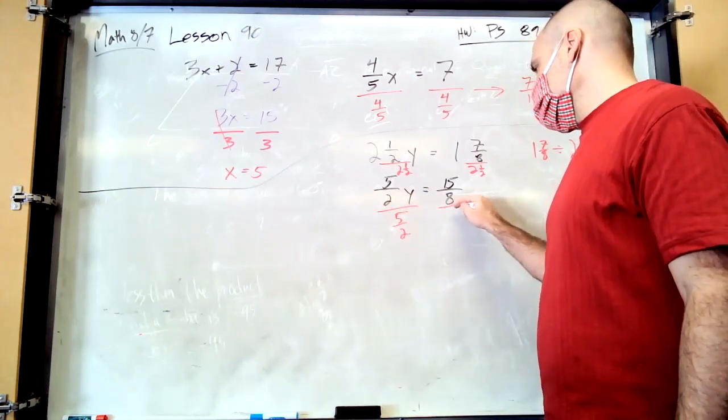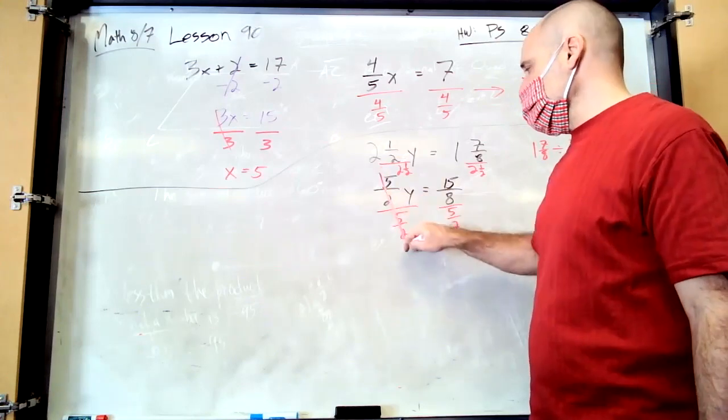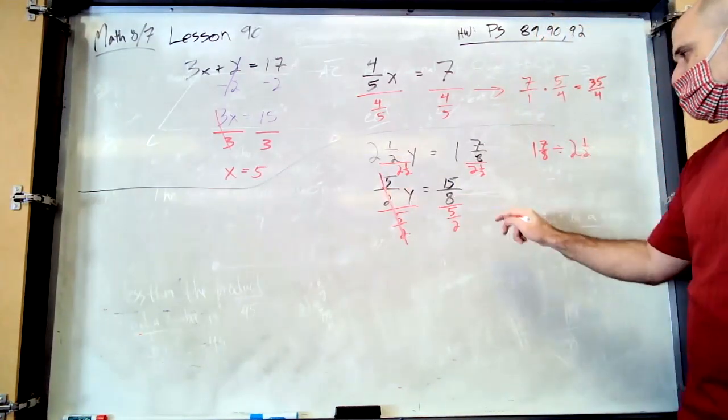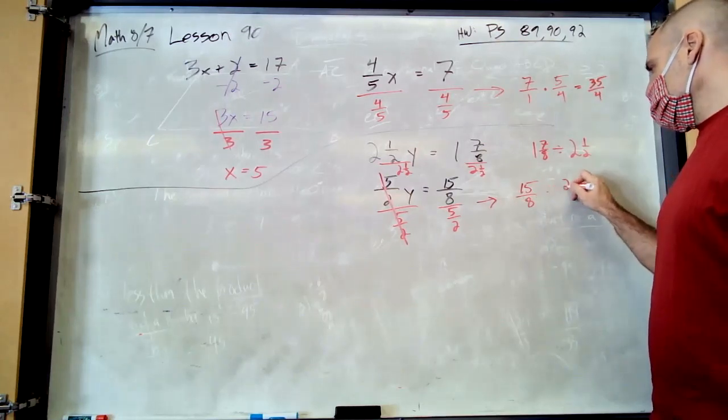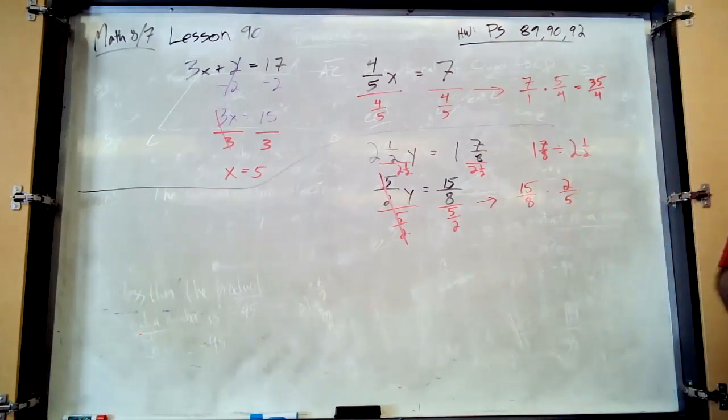So 5 halves, divide by 5 halves, right? Because 5 halves is being multiplied by y. So this is just 15/8 dot flop. Okay, ooh, that looks pretty. 30/40. I already used my red marker. Now I have to use a different color.